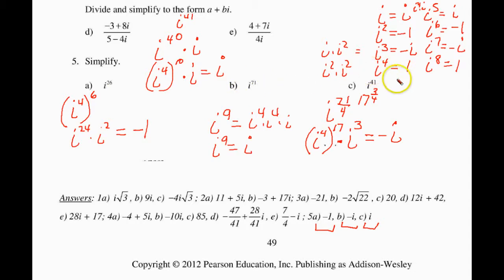Those are just going to end up being a 1. So it would be like the remainder after you have multiples of 4, and then it's going to be somewhere between the first, the second, and the third. So it'll be these 3, because if it's an even multiple of 4, the value of simplifying i to some power is just going to be 1.